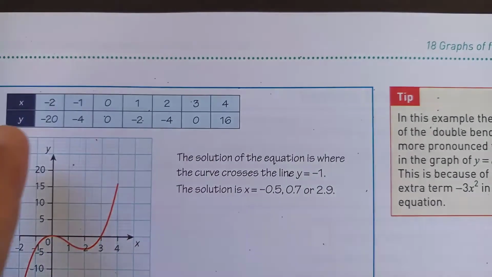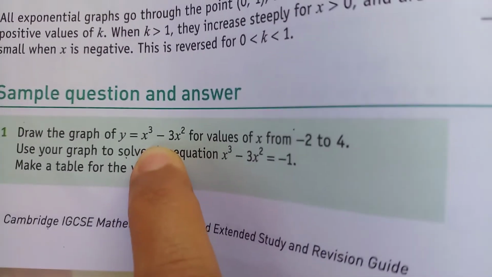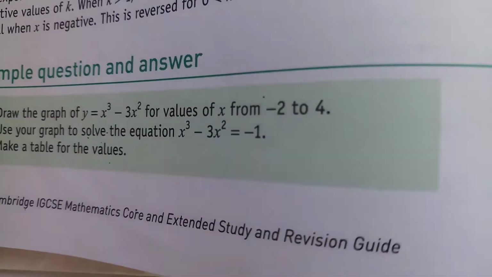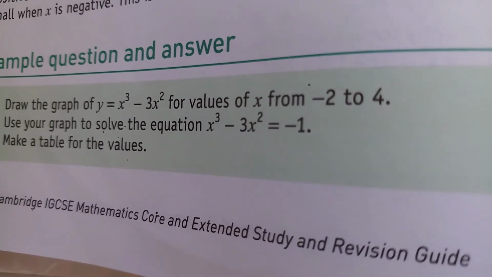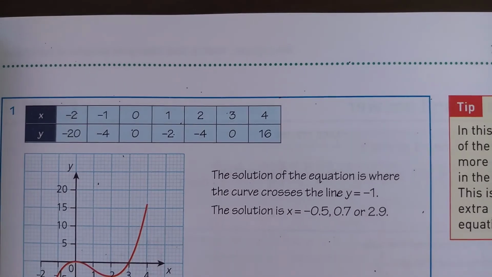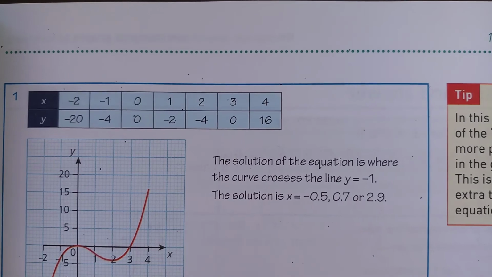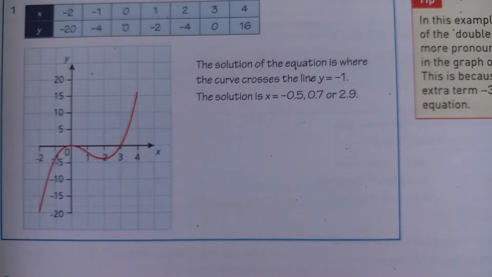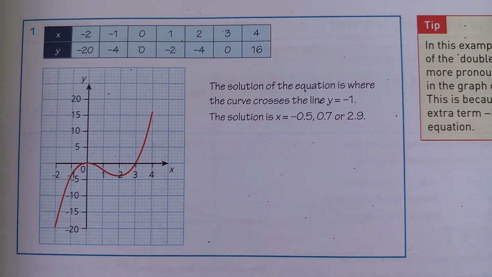So you put -2 into x in the equation, and then you calculate the value of y. You should get that table. When you get the table, you just plot the coordinates one by one, and you should get that graph.